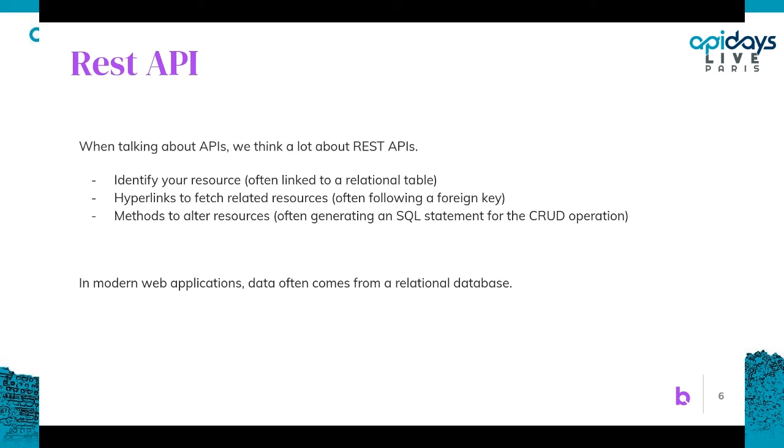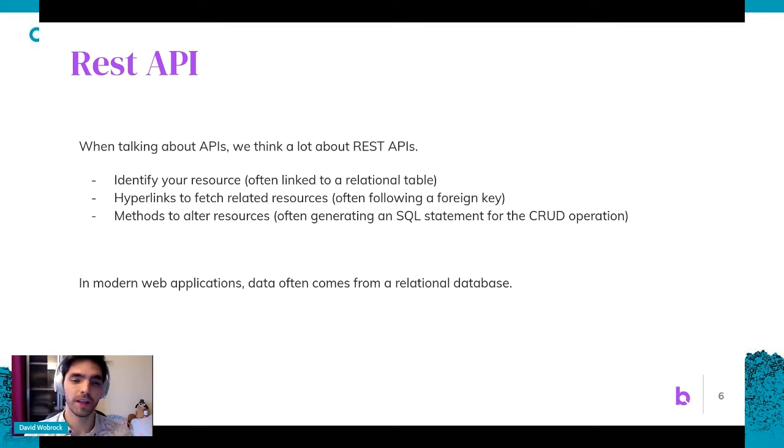So when talking about APIs and web APIs, we'll often think REST APIs. Those map pretty well to relational databases, right? You identify your resource. For instance, you're going to use my API /users to get your user, which maps to a table in your database. You will also get hyperlinks, which basically follow these relationship constraints you have in the database to fetch other tables, like, for instance, the projects related to a user.